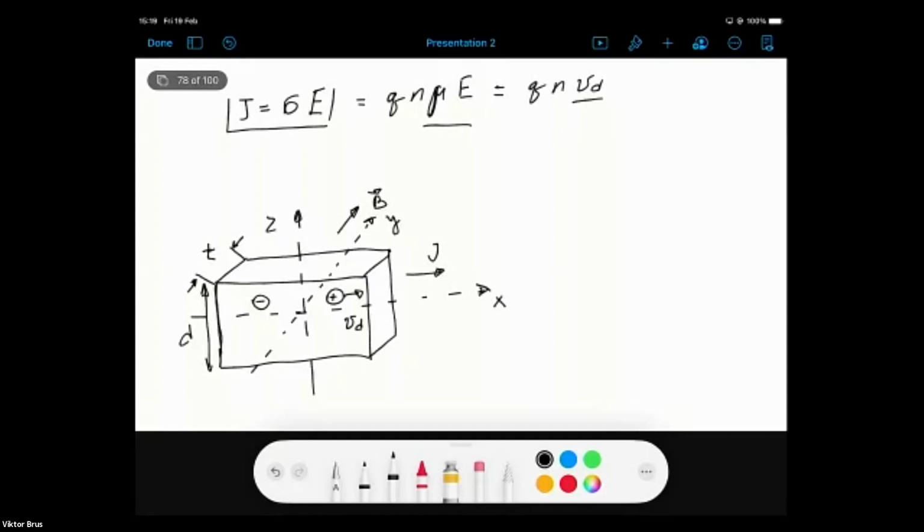This is the drift velocity of the positive charges, and we remember that for negative charges, the drift velocity vector should be in the opposite direction to the direction of electric current, because they are charged negatively. So this is how positive and negative charge carriers are moving in this conductor in order to have electric current along axis X.